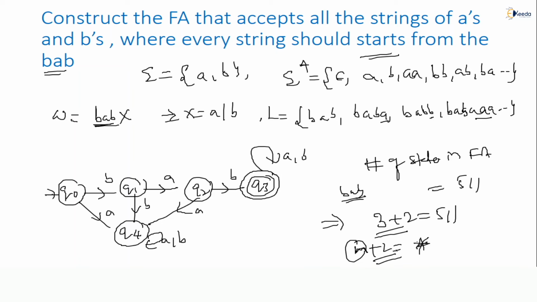I hope you are getting it. I am making this observation to reduce the time. Start with single A, plus 2 added. AB is given, plus 2. BAB is given, plus 2 added. The length of the starting string plus 2 gives the number of states in the FA. I hope you are getting it. Thank you.